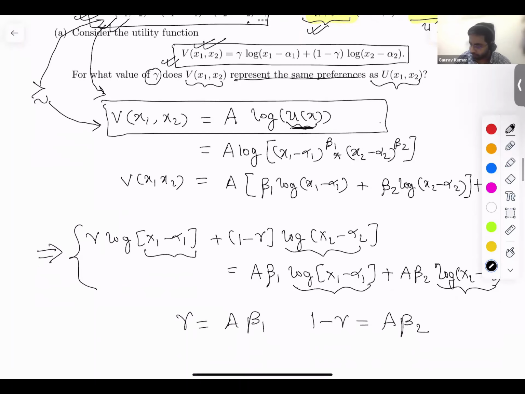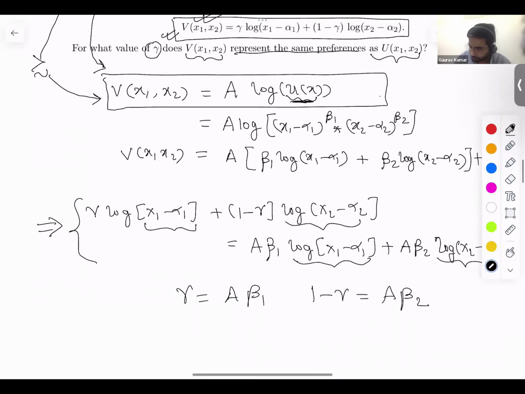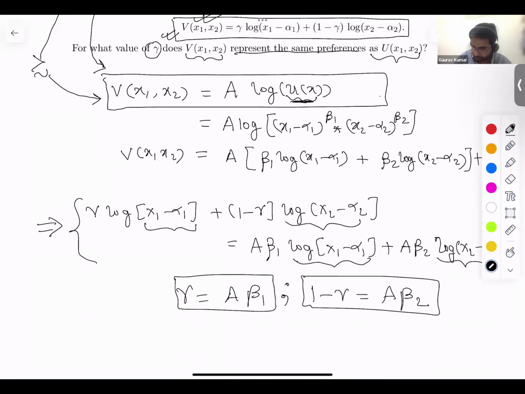So just by comparing, you can come to these two equations. Fine.